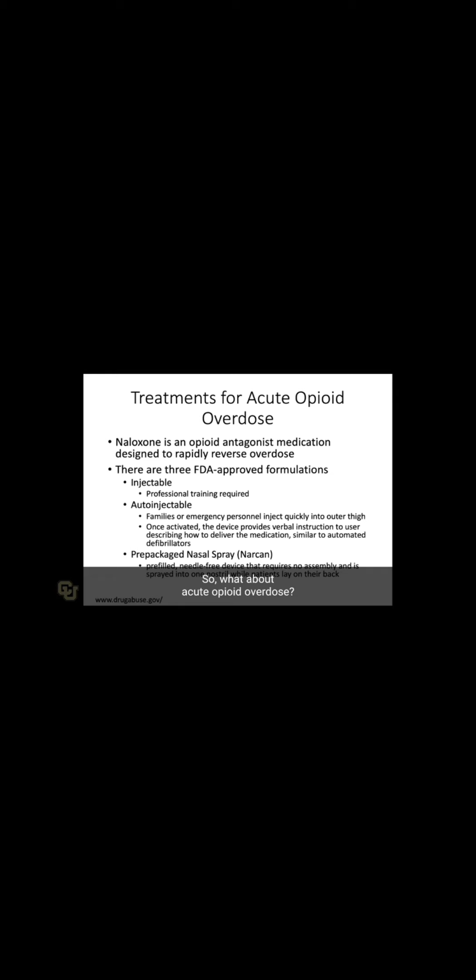So, what about acute opioid overdose? What do you do? How do people intervene during an acute opioid overdose? Naloxone is an opioid antagonist medication that's designed to rapidly reverse an opioid overdose. There are 3 FDA-approved formulations of naloxone.